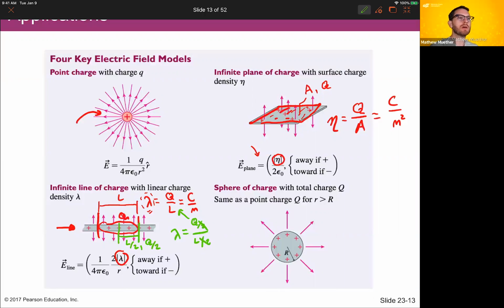Somebody's asking a question: the plane equation doesn't have a 4 pi, it doesn't have a factor of pi in the denominator. Where does that come from? We'll see that in a second. Your book goes through a derivation. It comes from integrating over some surface area, and that 4 pi term actually cancels out.